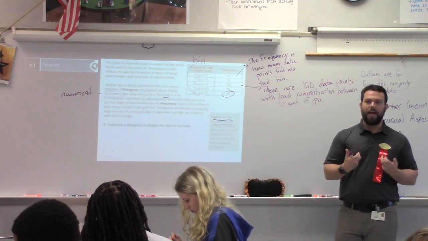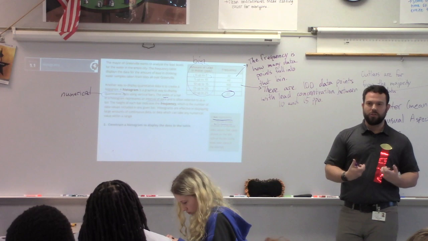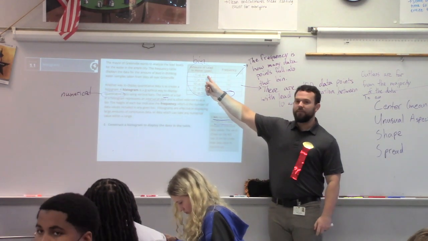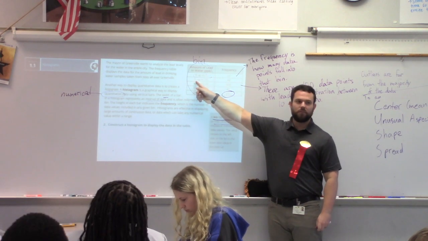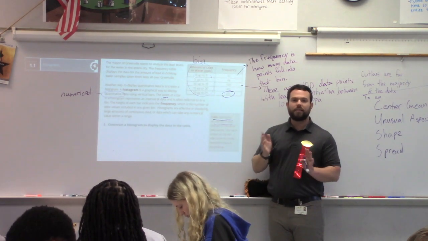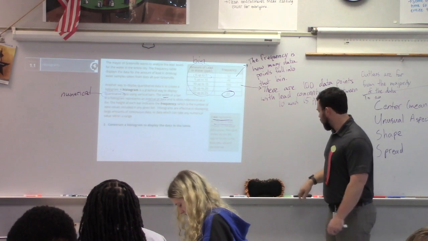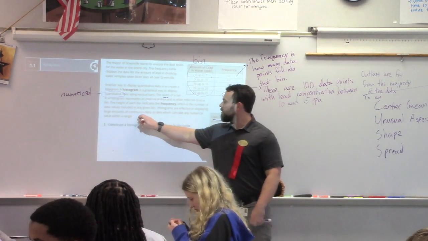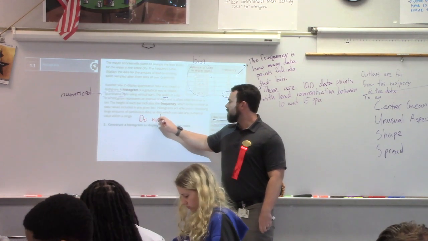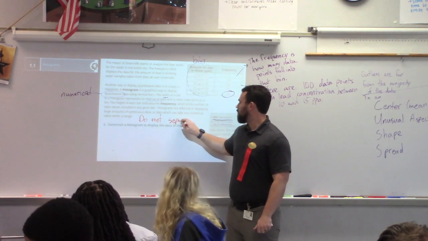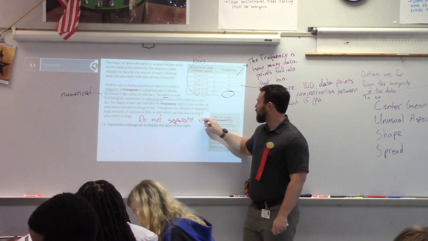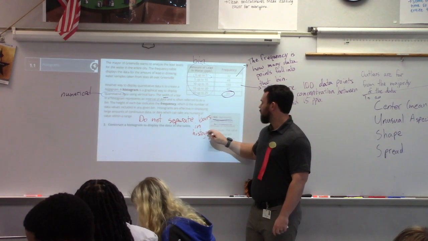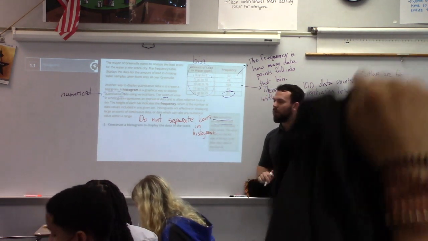Histograms, isn't that 5 right next to this 5? So you're not going to separate the bars with histograms. Make that note. Do not separate bars in histograms. You're going to keep those bars together.